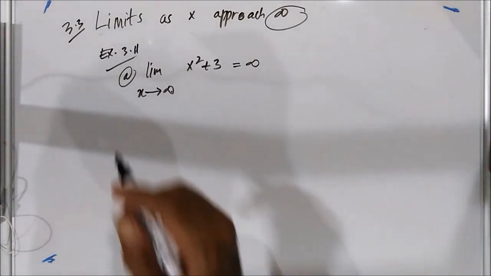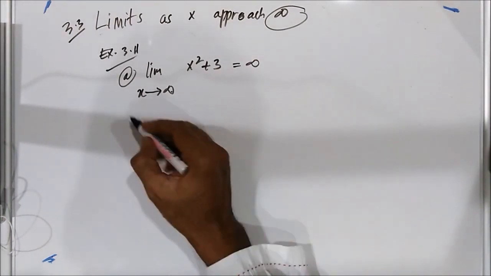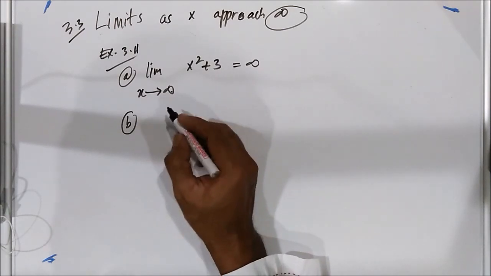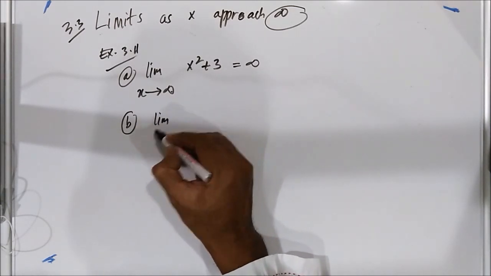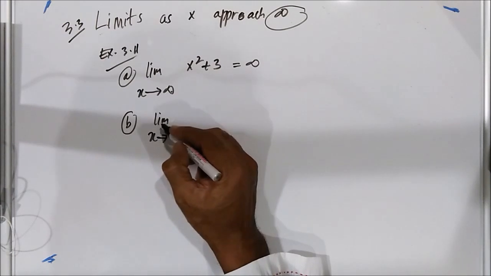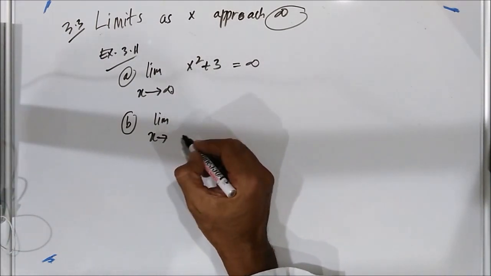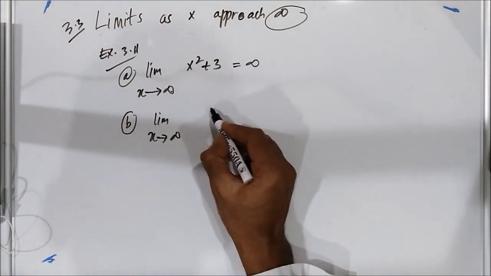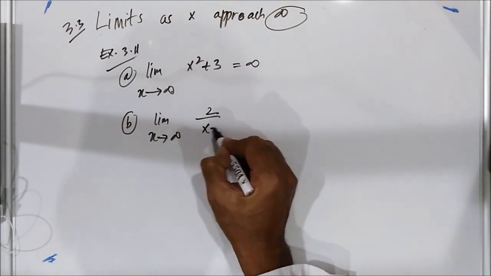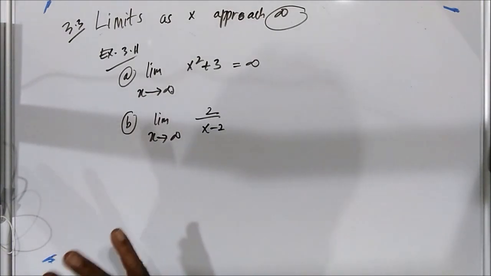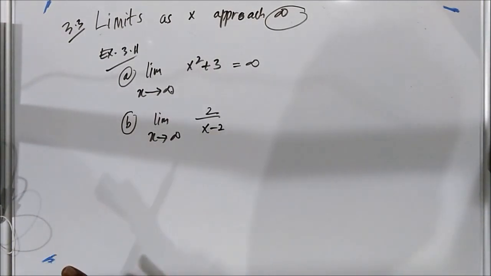Okay, B. Now B, limit of x approaching infinity of 2 over x minus 2. So I can apply the rules that we discussed just now.